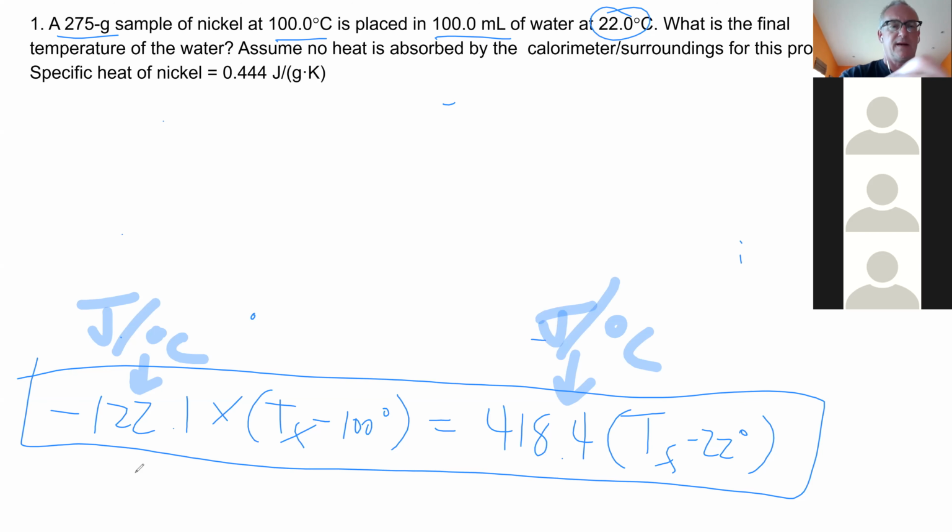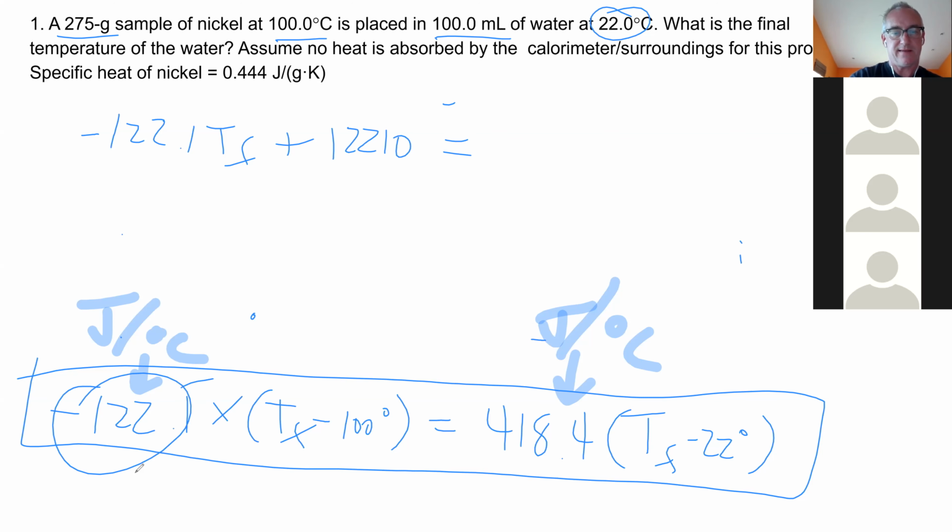So now I have minus 122.1 TF plus, so minus 122.1 times minus 100. So that is 122... Okay, so I multiplied this by this, and then I also multiplied this by that. So you see how you can do that, right?